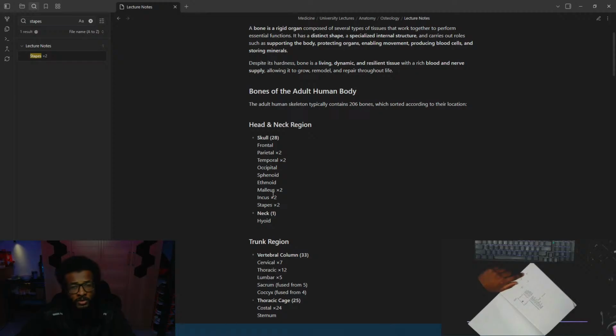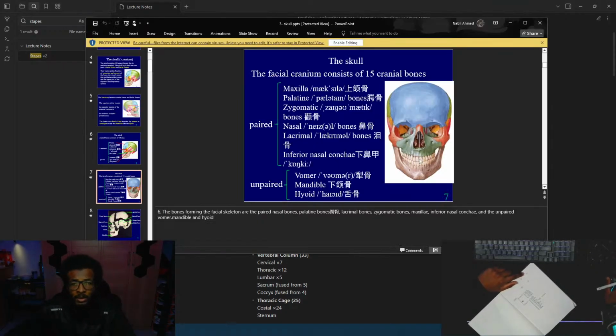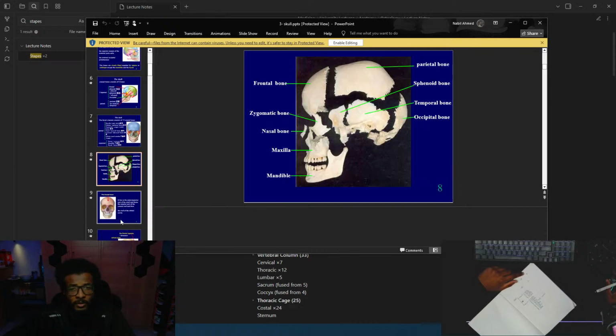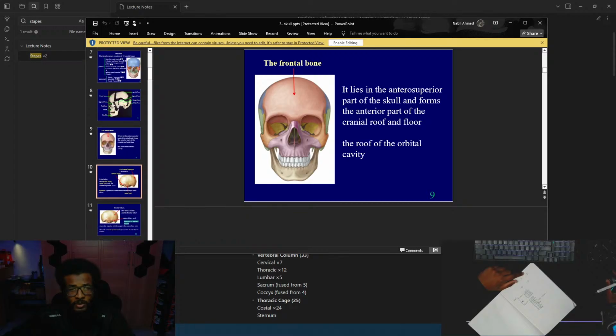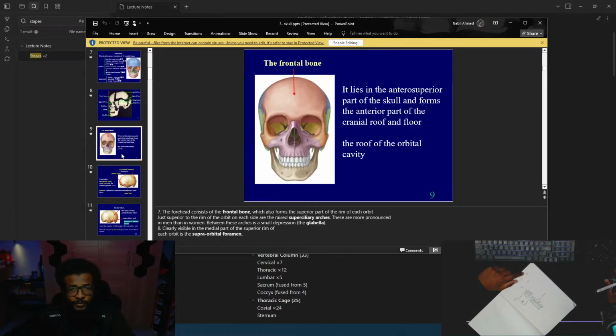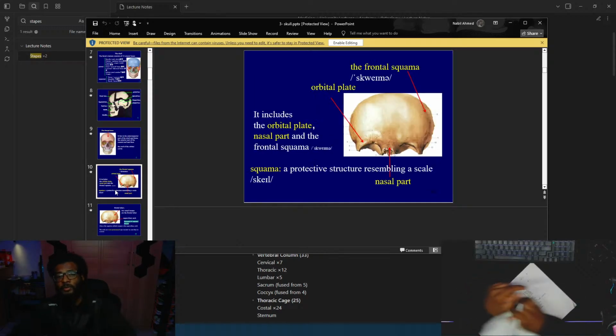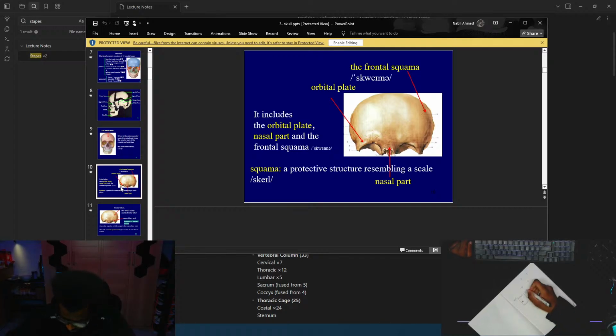Let's see which ones we need to pay our attention to and focus more on. So the frontal, I'll just make a small star. What do you call it?